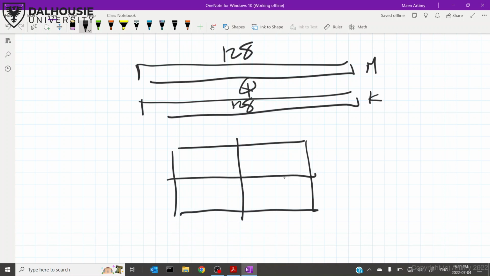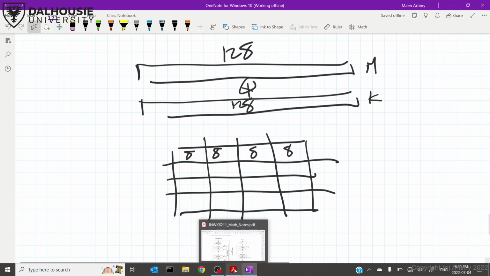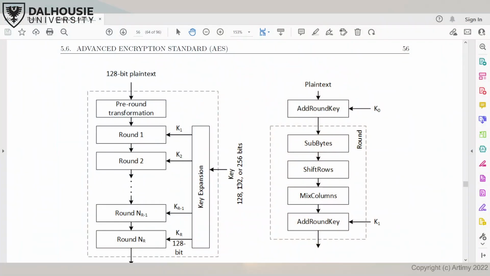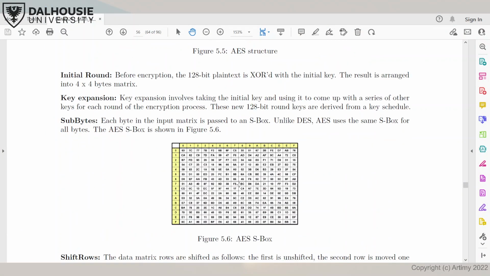Sorry, it's 4 by 4, so we need more columns here and more rows. So this is 8-bit, 8-bit, 8-bit, 8-bit. That's 32 multiplied by 4, we get 128. So we arrange them in this matrix. In fact, all the operations for the AES are based on matrix manipulation.